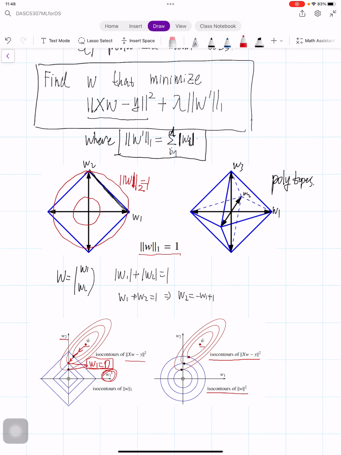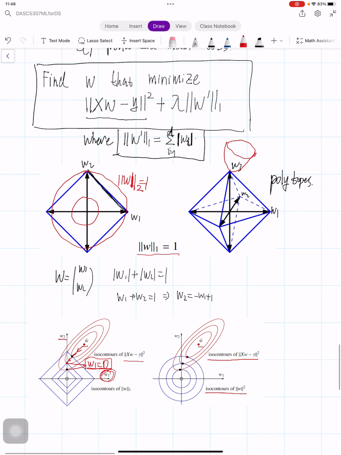For higher dimensions, if your solution goes to some vertex, you eliminate the other two variables.